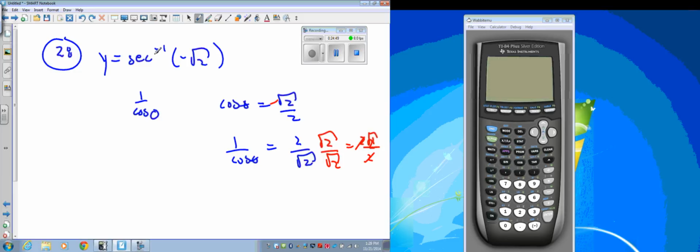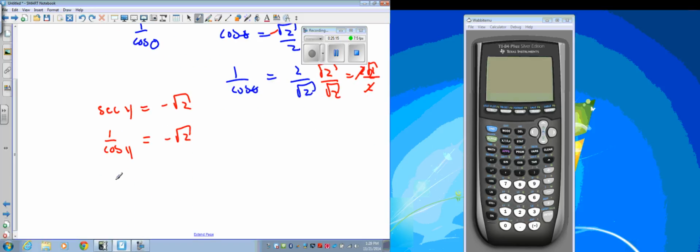The other way you can do this problem is you can say secant of y equals a negative square root of 2. And secant's 1 over cosine, so 1 over cosine of y equals a negative square root of 2.